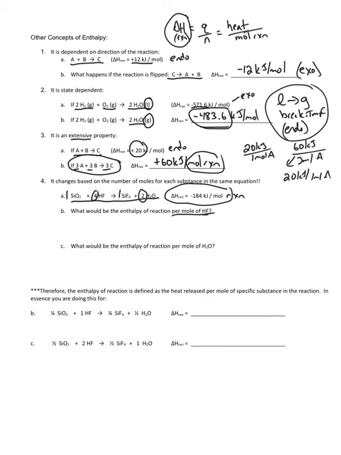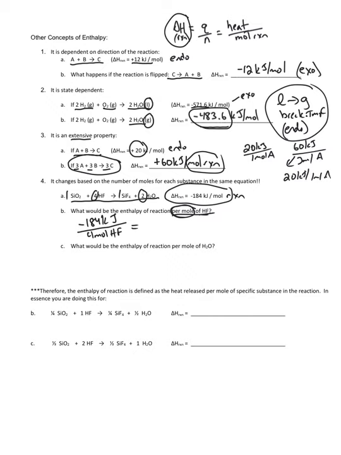Well, this reaction is producing 184 kilojoules, but in a mole of the reaction, I'm requiring 4 moles of HF. So if I want to get this thermochemical equation in terms of HF, I would have to divide it by the coefficient to get it per every 1 mole of HF.